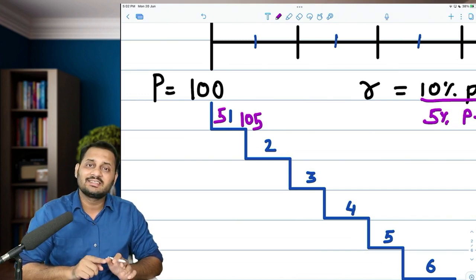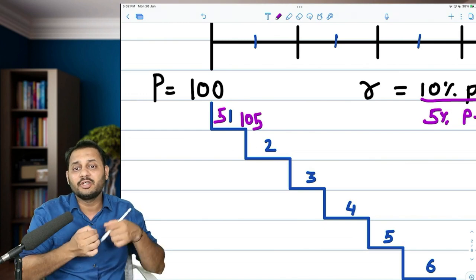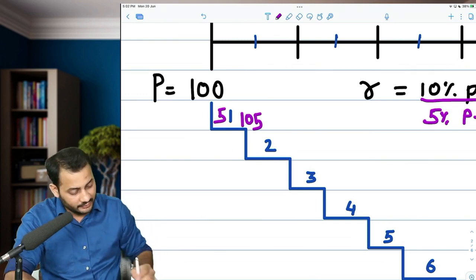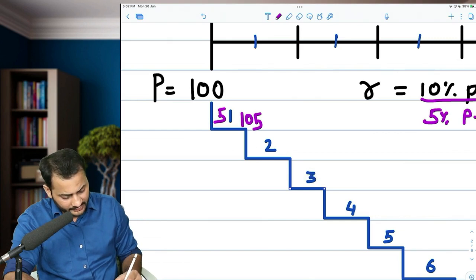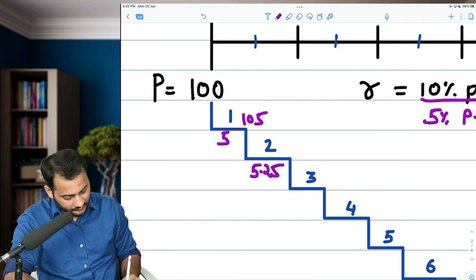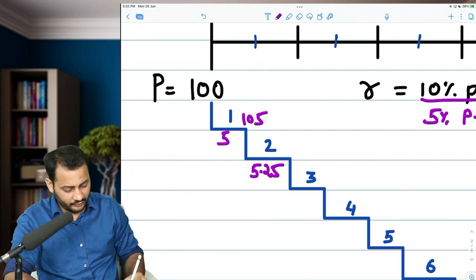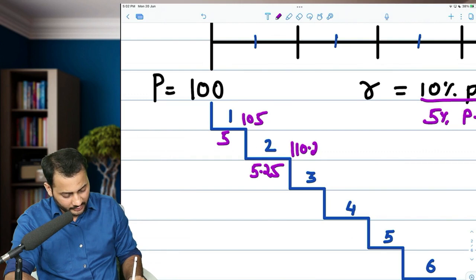So in the next 6 months you will earn 5% on 105. That will be somewhere 5.25. I will just write it down like this. 5.25. So if you total 100, 5 and 5.25, it will go to 110.25.